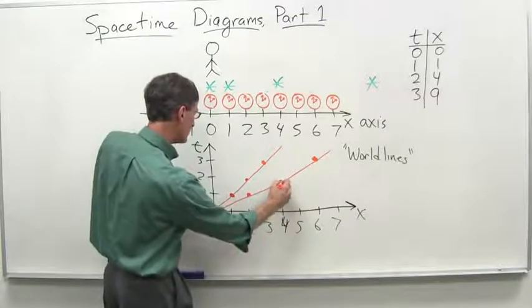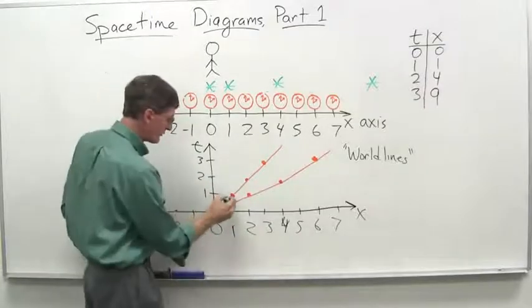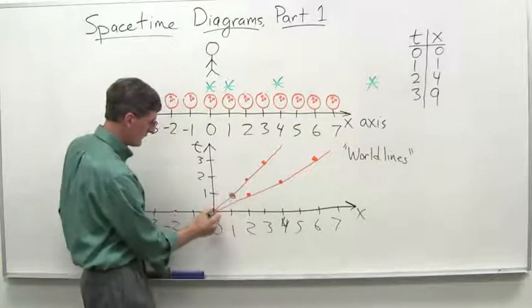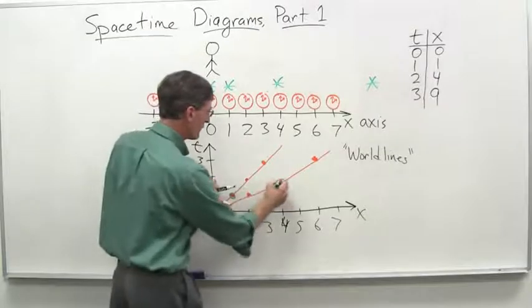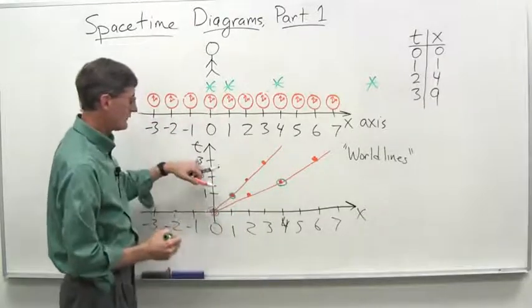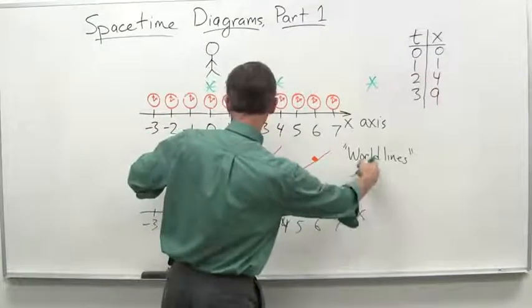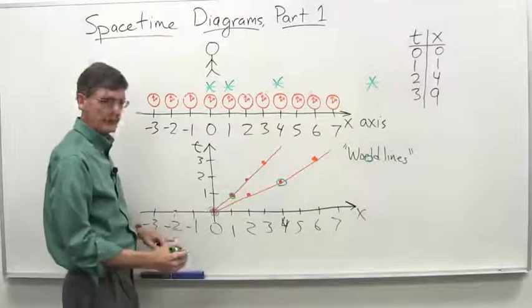Actually, this one. So in fact, just to distinguish them here, let's draw green circles around to indicate this case. So there's that one, of course. It was at 0. And then at t equals 2, it's at x equals 4. And at t equals 3, it's at x equals 9, which would be here someplace. So right in the middle of our world line thing, something like that.